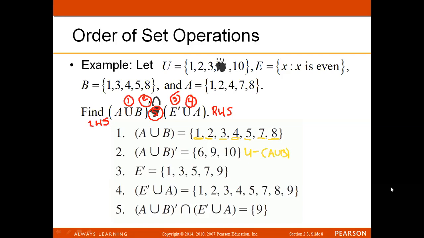We're still left with the 6. Cross out the 7, the 8. We're left with the 9 and the 10. So all the elements in U after we remove A union B are 6, 9, and 10. Now that's the end of the left-hand side.